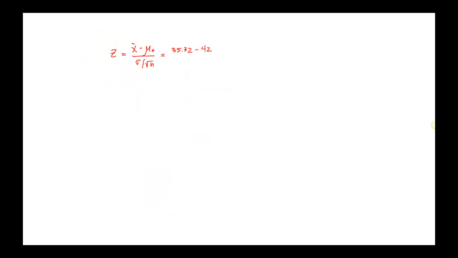So we'll have 35.32 minus 42 divided by sigma, which was 12, over square root of 25. If I do the calculations on that, I end up with negative 2.78. So negative 2.78 is the value of my test statistic.